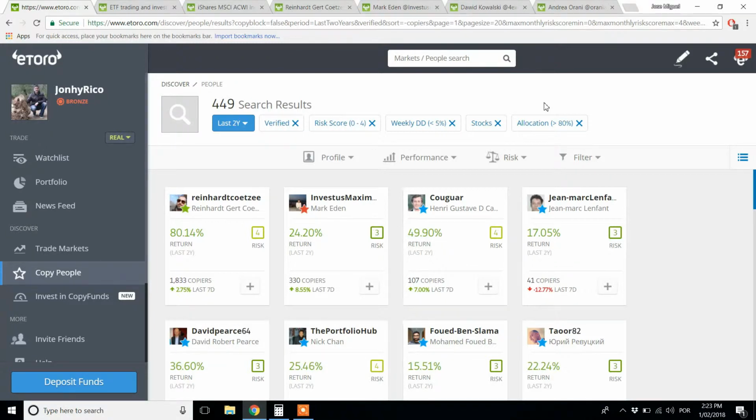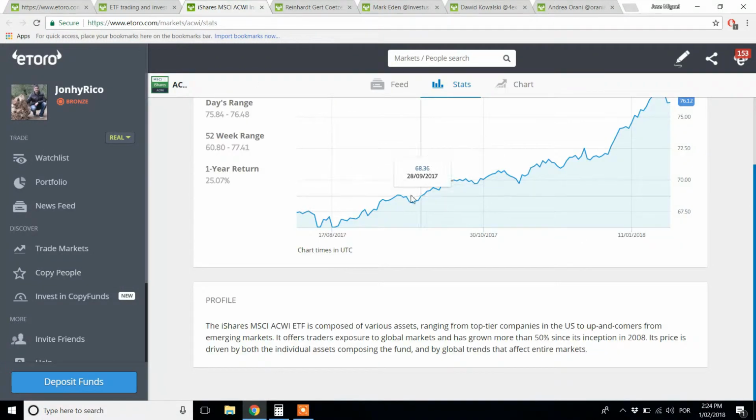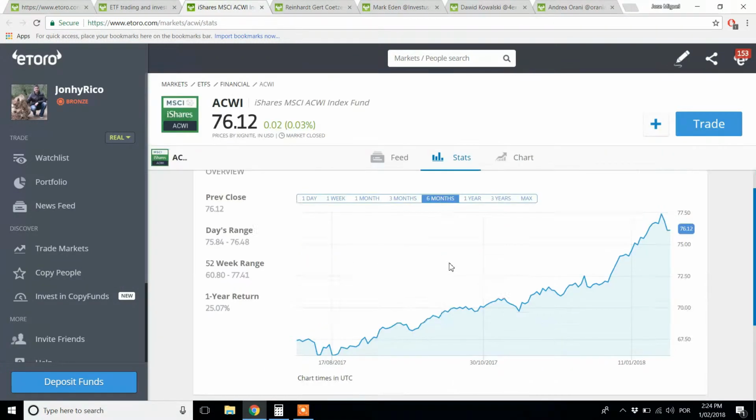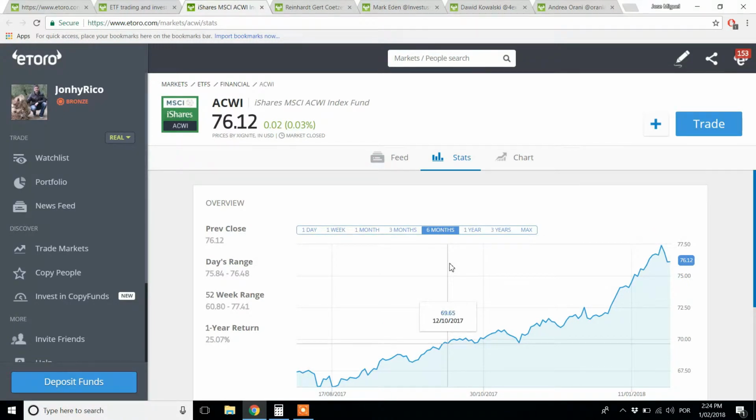Now obviously, if I come back to the platform and do this search again in a few weeks, I might get different results. I would still look at this wallet as having a core portion in which I would keep putting money into this ETF, and I would try to keep my 40% on this ETF constant.